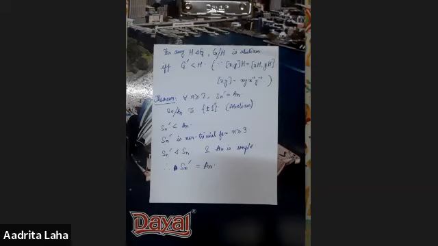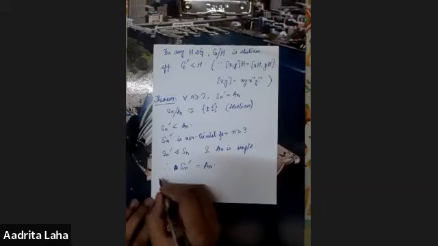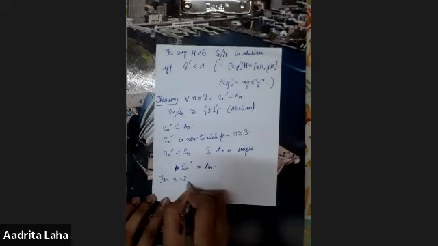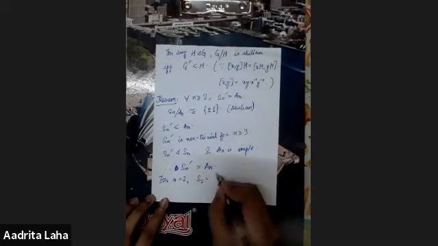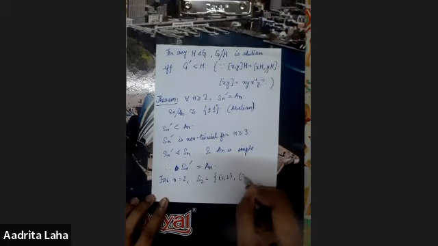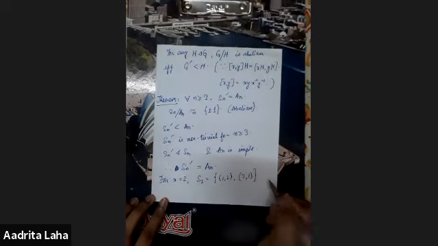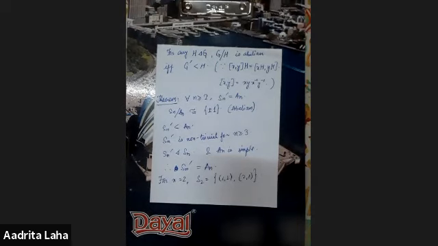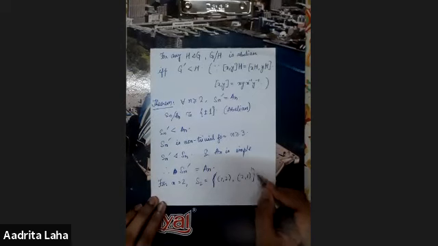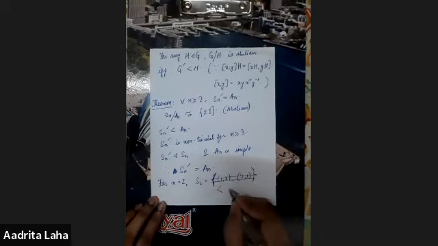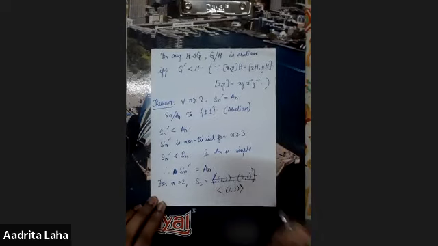Now we are left with the case n equal to 2. So for n equal to 2, we can verify by hand. S2 is the identity and the transposition (1 2), and this is generated by the single element (1 2).